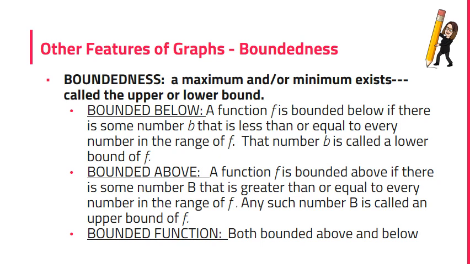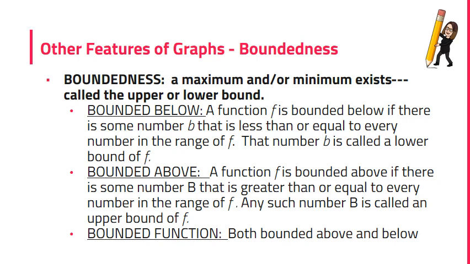So first of all, boundedness. If a maximum or minimum exists, we have what's called an upper and a lower bound. Okay, so bounded below, a function f, for example, is bounded below if there's some number b that's less than or equal to every number in the range of f.